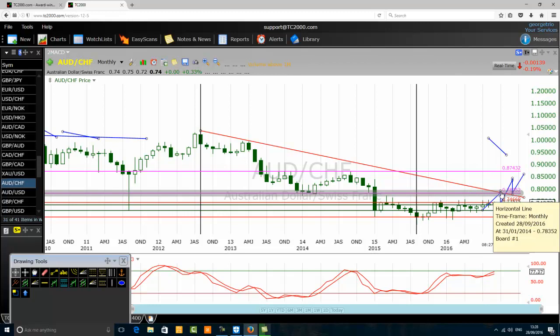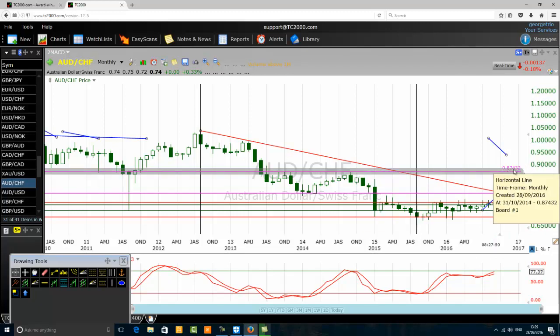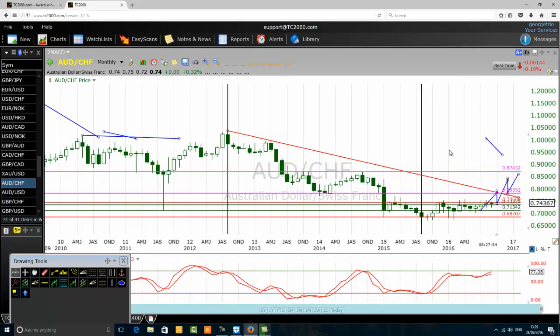It will be better in an orderly market to have a pullback to retest the 7466, then a move to break above 7835, then a pullback to retest the 7835 before the last move that will push it up to this resistance at 8747.